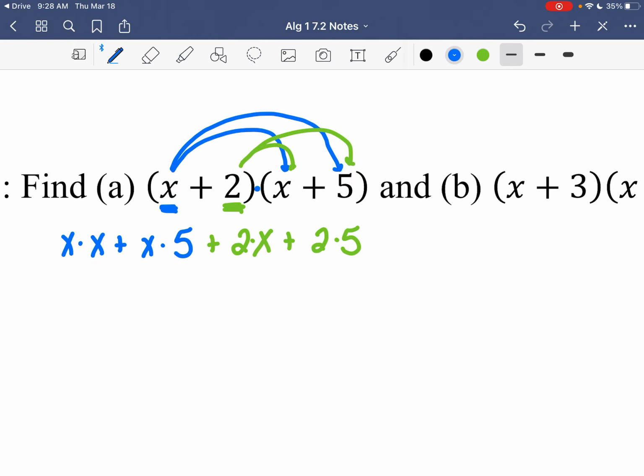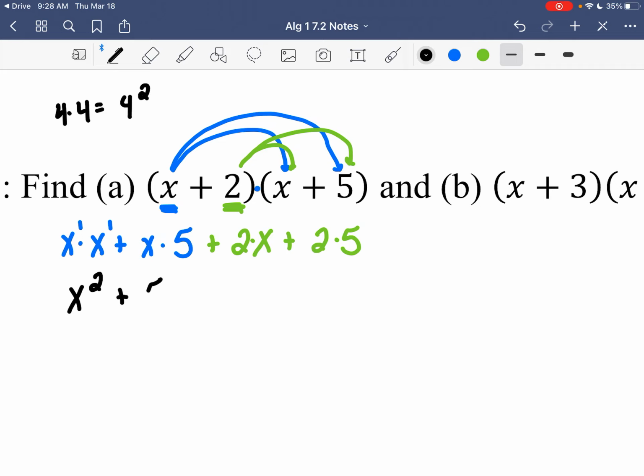Now I just need to simplify. Well, x times x, both of these have an exponent of 1, so that's going to simplify to x squared. Multiplying x times x is x squared, just like 4 times 4 is 4 squared, 4 to the second.